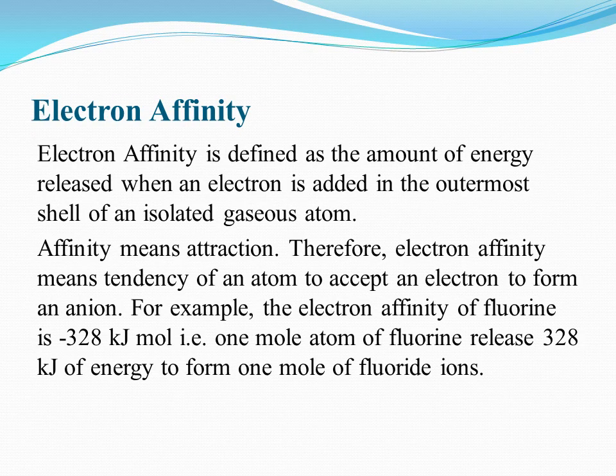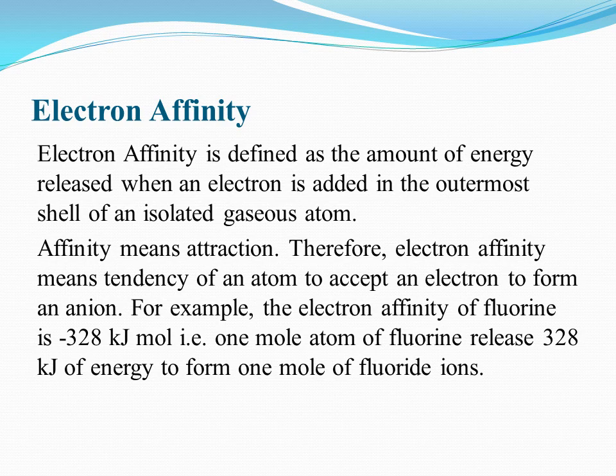Electron affinity. Electron affinity is defined as the amount of energy released when an electron is added in the outermost shell of an isolated gaseous atom. Affinity means attraction. Therefore, electron affinity means tendency of an atom to accept an electron to form an anion.